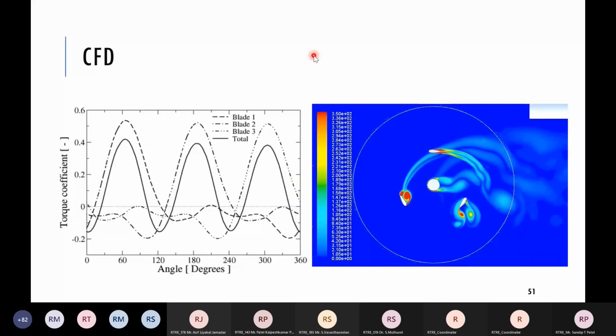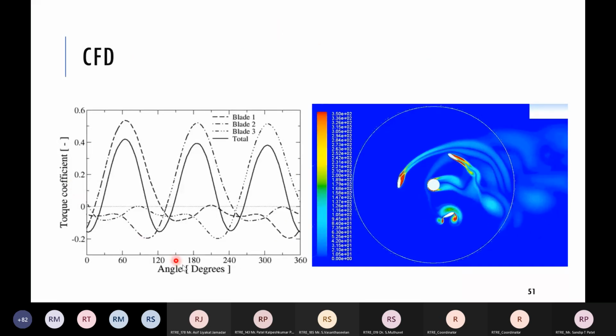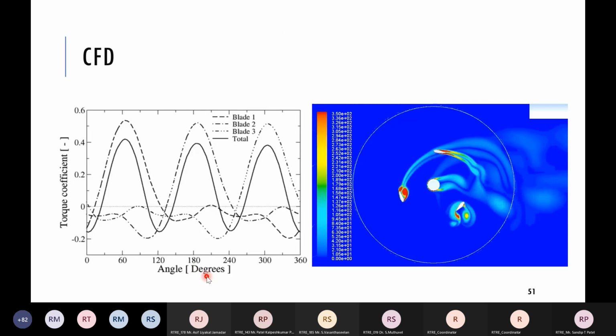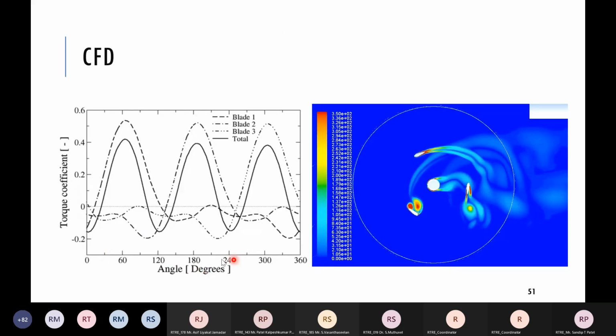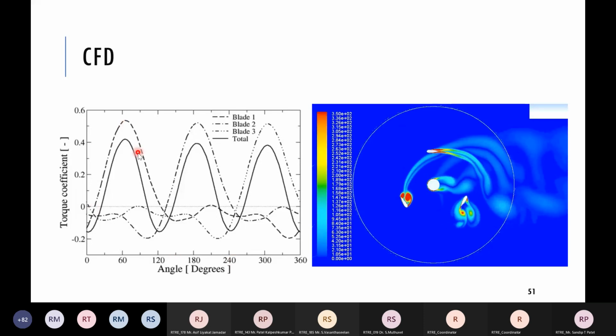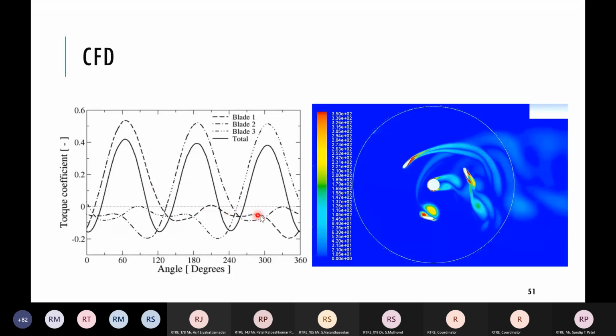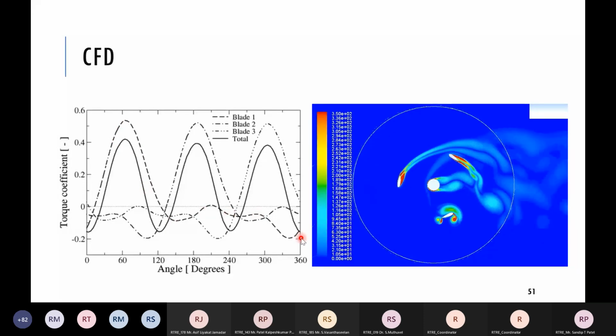And finally, the result you will find is, let's say, torque coefficient by degree in a revolution. If you track only one blade, the torque profile varies with the azimuth angle. Fine.